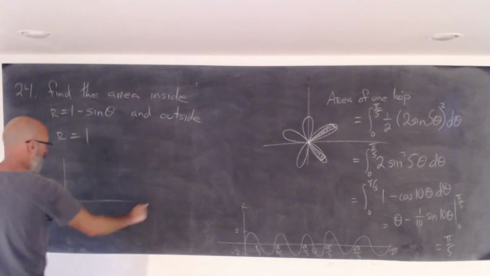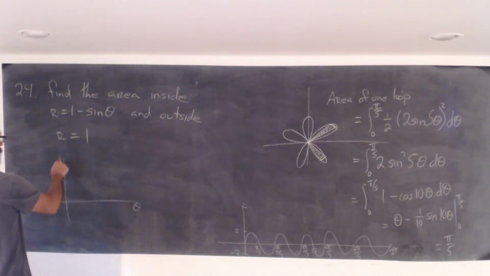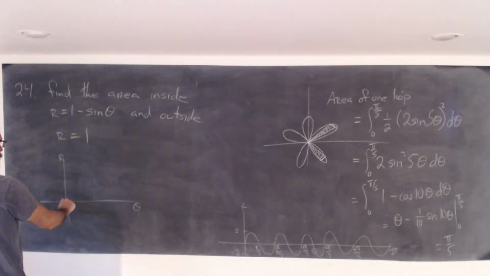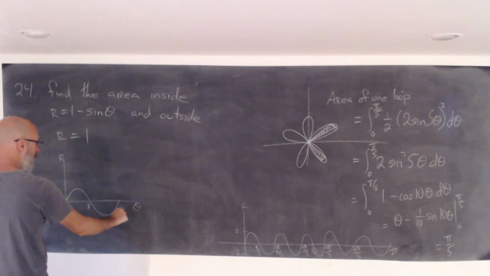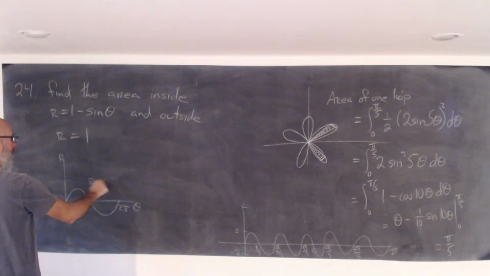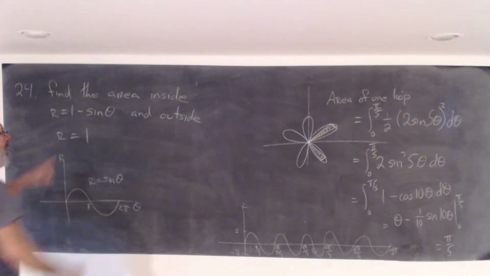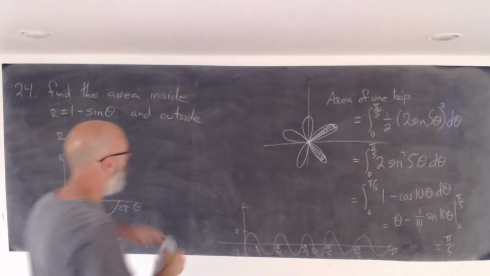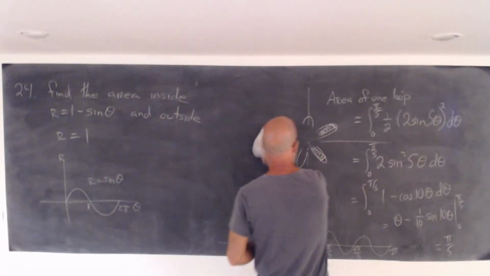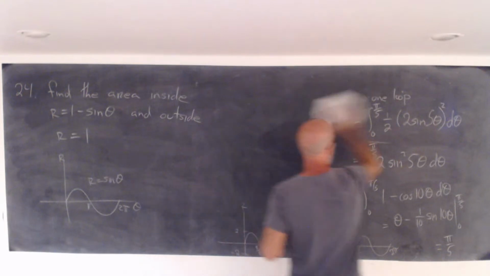So let's look at the sine graph first. And let's use this to translate into a graph on the xy plane.